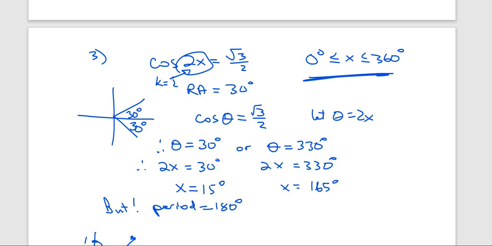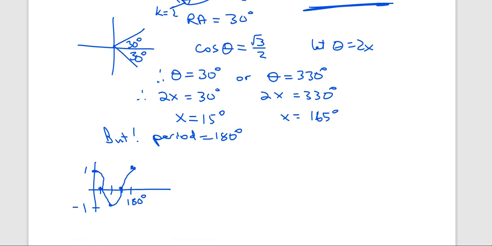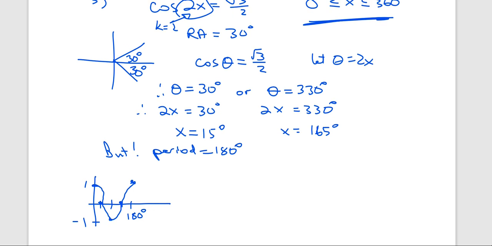So if I'm going to find all the values up to 360, I need to add another cycle. So there's going to be more answers. In one cycle I've got the 2 answers, but for the next cycle, going up to 360, I'm going to have more answers. So again, maximum, average, minimum, average, maximum.